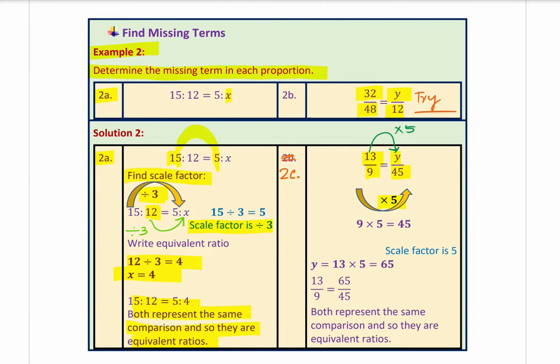That is the strategy, and that is what I did. So I multiplied 13 by 5 to get y as 65 and then wrote it as a proportion. So this statement which I have written is a proportion. So we have two ratios connected with equal to sign. Since they are equivalent ratios, it makes sense. And so we wrote this as a proportion. So I hope the example is absolutely clear.